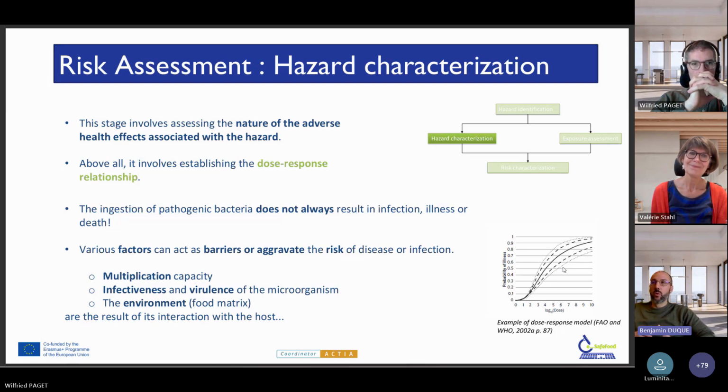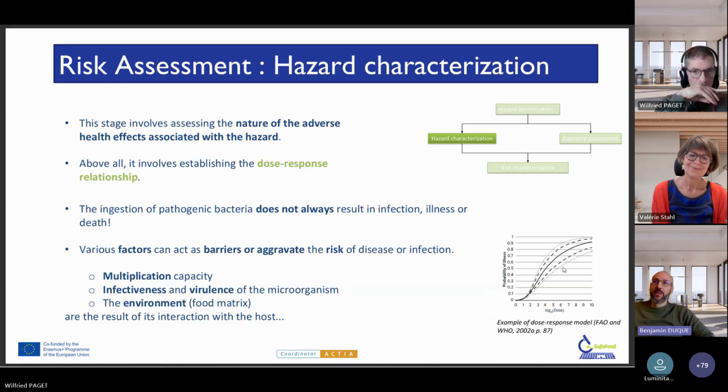So it's always a combination of these two. And the main objective of this step is to establish the dose-response relationship. In other words, from what quantity ingested can I get sick.